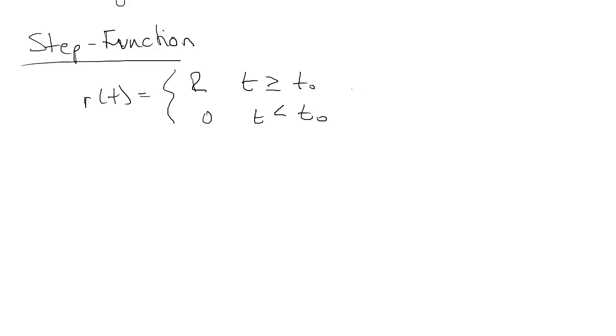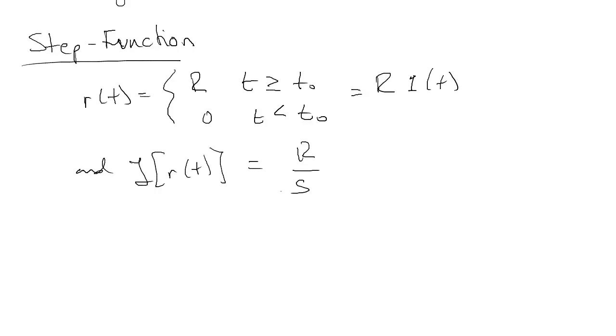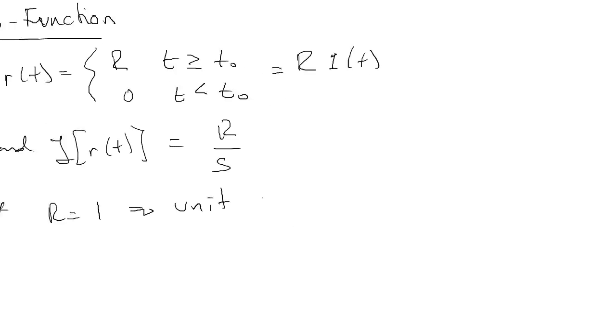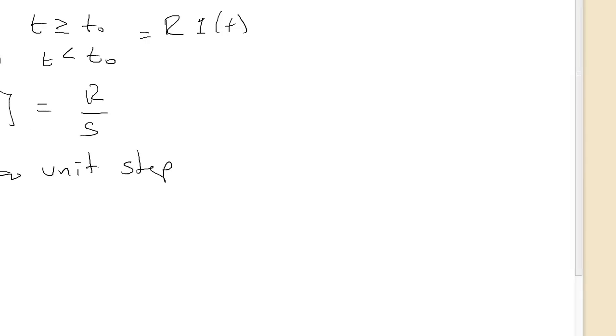And this is a scaled step function, so we could think of it as r times 1 of t, where this is the notation from FE. And the Laplace of the step is just r over s. So if r equals 1, then this is a unit step input function.